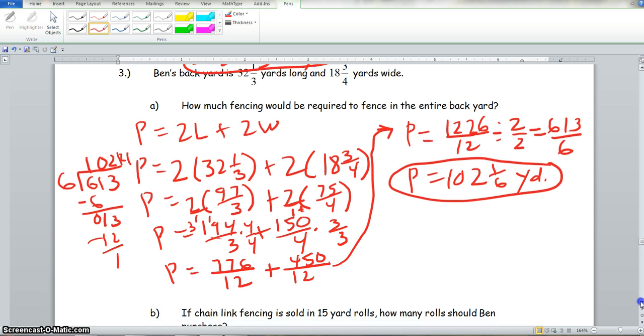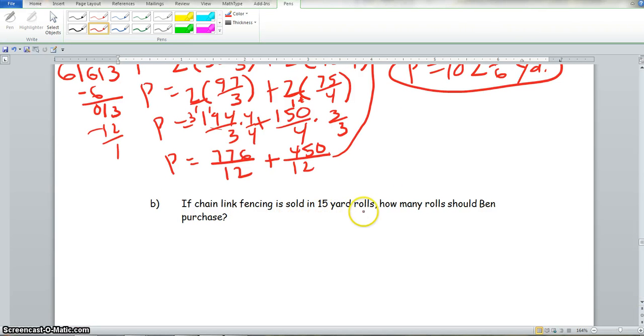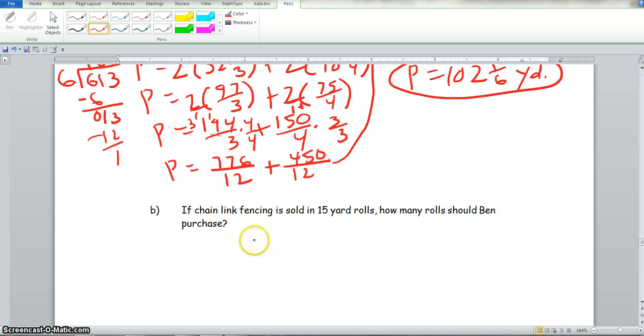Now we scroll down here. We have B. If chain link fencing is sold in 15-yard rows, how many rows should be purchased? So what we would need to do is take this 102 and 1/6 yards and divide it by 15, because it's sold in 15-yard rows. So we need to change this mixed number to an improper fraction.